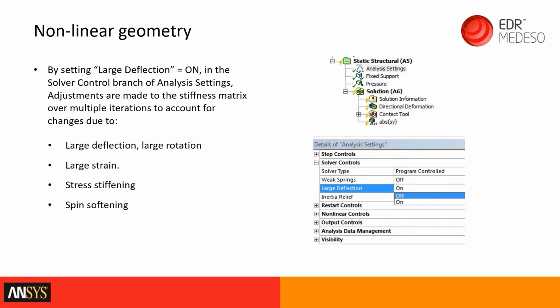It's under the analysis settings branch, and you select large deflection on. Once you've switched large deflection on, Ansys will take into account large deflections in the structure, so the changing of the stiffness matrix direction as the structure deforms, and large rotation. It will also take into account large strain, stress stiffening, and spin softening effects.